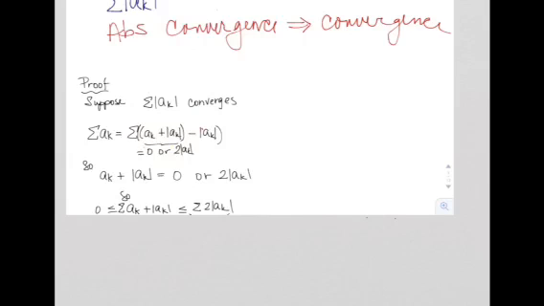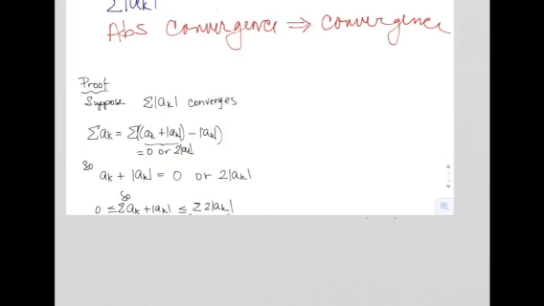Now, if a sub k is negative because it's an alternating series, the absolute value of that is positive. If they're both positive, it's equivalent to 2 times the absolute value. If this one's positive because it's an absolute value and this one's negative, you get a 0.